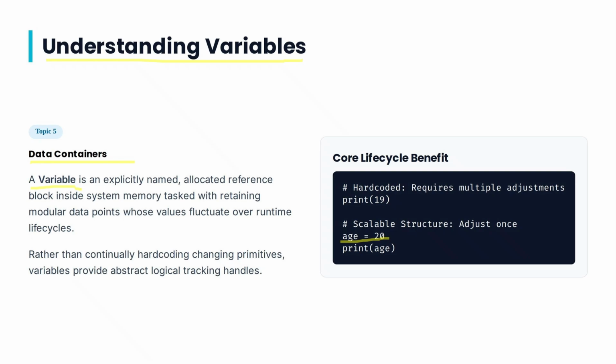And when we use print age, it prints 20. Here it is written: rather than continually hard coding changing primitives, variables provide abstract logical tracking. This is the same thing that I just explained.